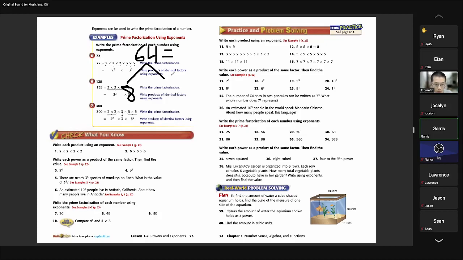Do you know what multiplies by 8 to get 64? If I asked you what is 8 times 1? So Garrus, what's 8 times 1? 8. 8 times 2 is what again? 16. 8 times 3? 24. 8 times 4?